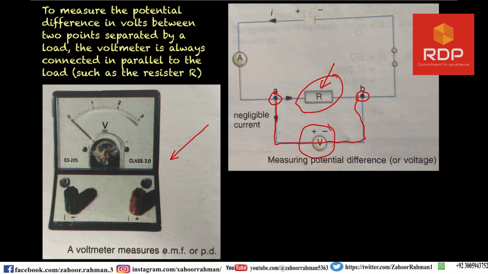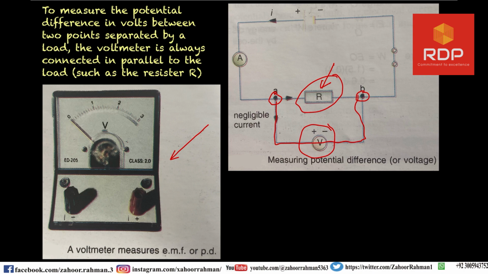Yes, in one case the resistance of the voltmeter must be greater than the load, and in the second case the resistance of the ammeter must be lesser than the load when we are measuring the EMF and potential difference respectively.